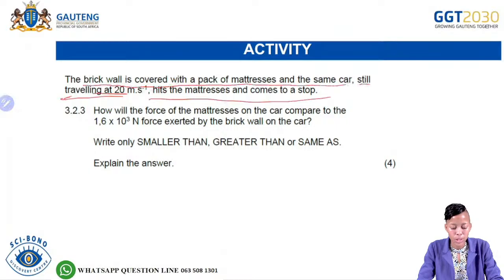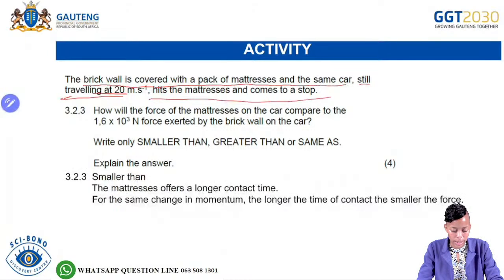How will the force of the mattresses on the car compare to the 1,6 times 10 to the power of 3 Newton force exerted by the brick wall on the car? Write only smaller than, greater than, or the same as, and then you need to explain your answer.